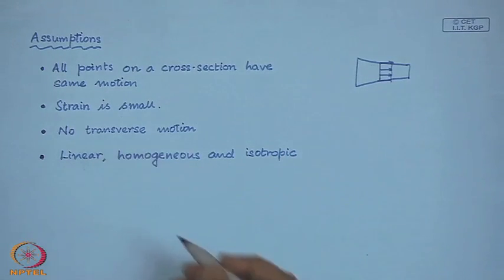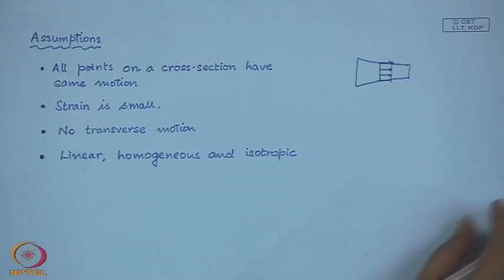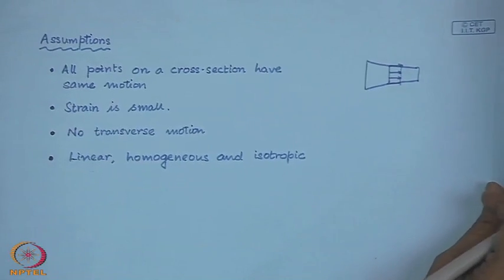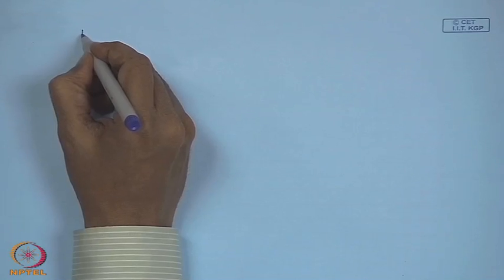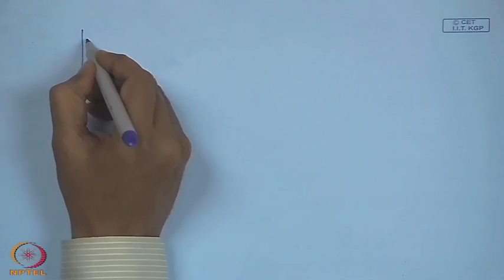So, with these four assumptions, we are going to now look into the equation of motion of a bar in axial vibration. So, let me draw a bar.